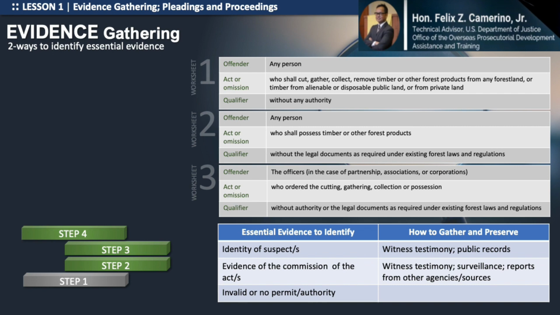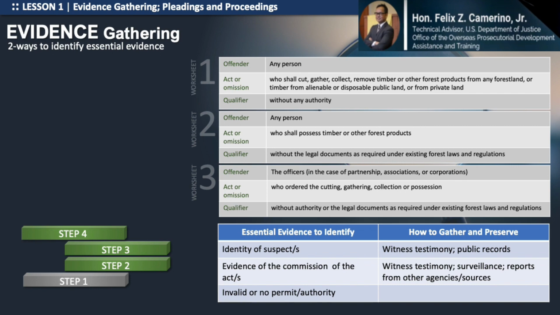And then of course, on the last essential evidence, you could just go to the DENR. Since we're talking about environmental crimes, they would have the various line bureaus, the pertinent line bureaus, depending on the subject matter, whether it's a violation of the forestry code, since they issue permits for cutting and whatnot, the particular bureau that deals with that would be the right entity to go to.